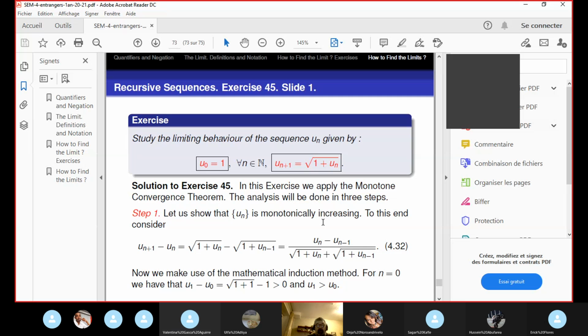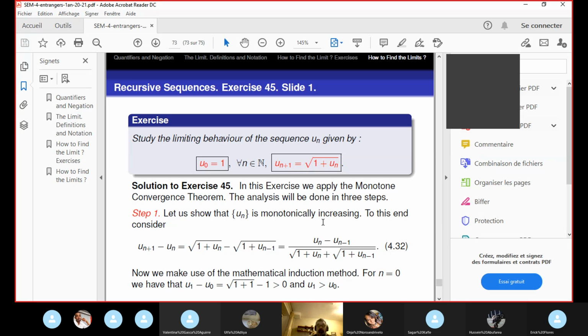we are going to study maybe a more difficult situation. So we consider the recursive sequence given by u sub 0 is 1 and u sub n plus 1 is the square root of 1 plus u sub n.